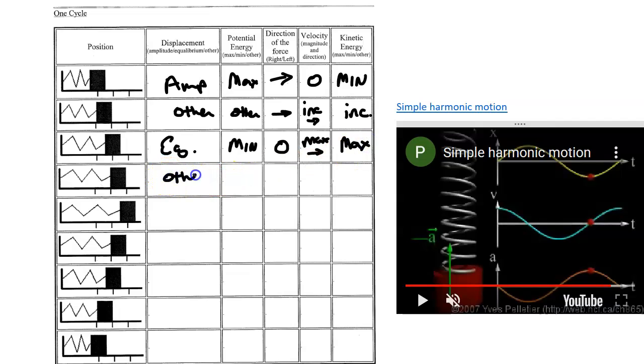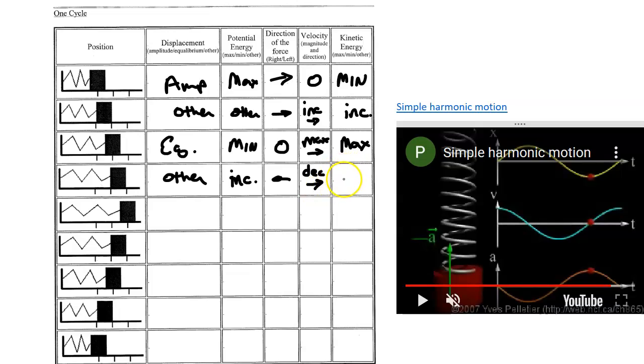We get to this other position as it continues moving along. So what we see here is the potential energy is increasing. The direction of the force is now acting to the left. The velocity is decreasing, but it is still moving to the right.